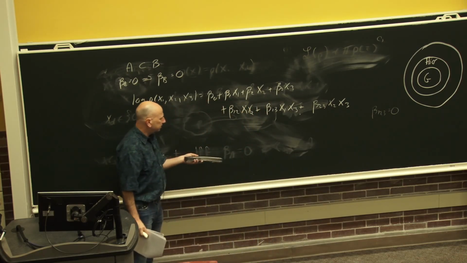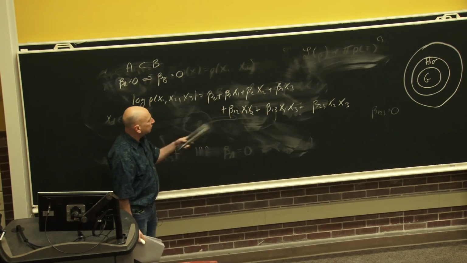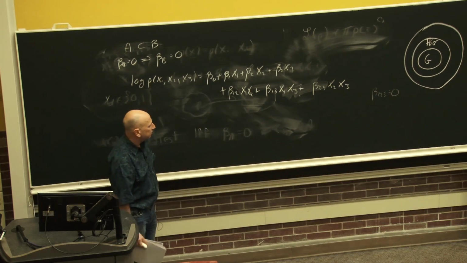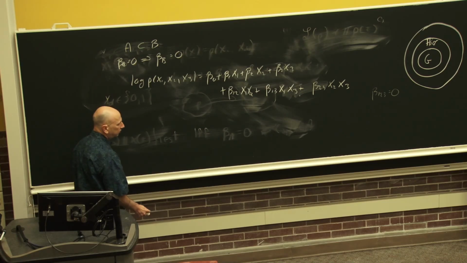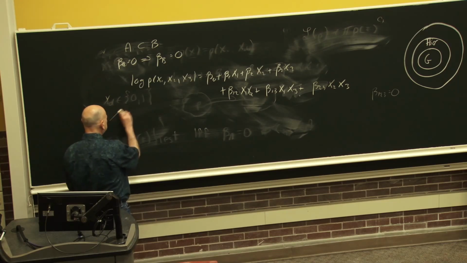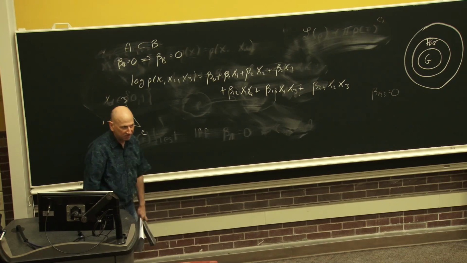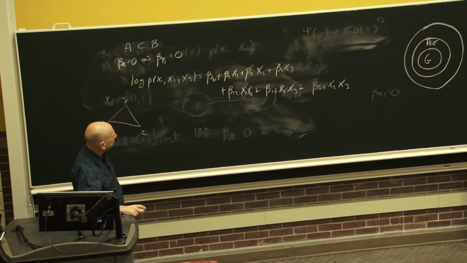So the first thing is, let's start with this model. What's the graph? What conditional independence statements are implied? It's fully connected. There aren't any conditional independence statements implied by this graph. Okay, fine. Now let's ask the next question.